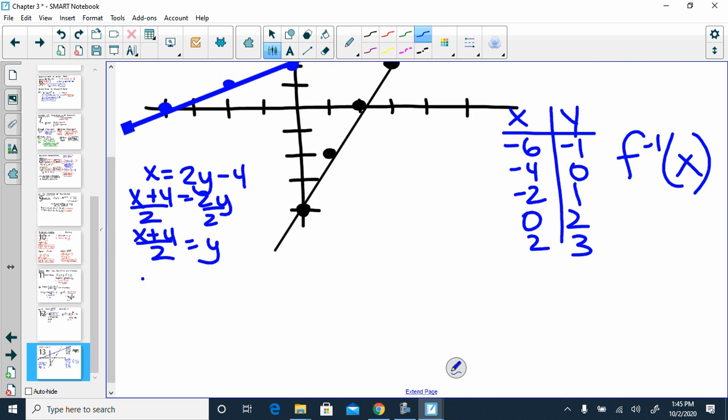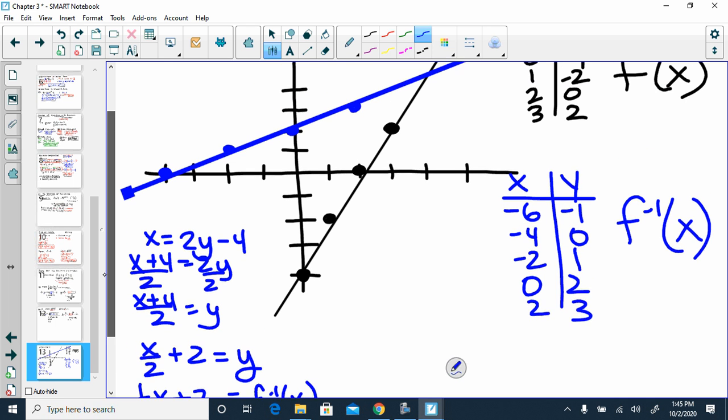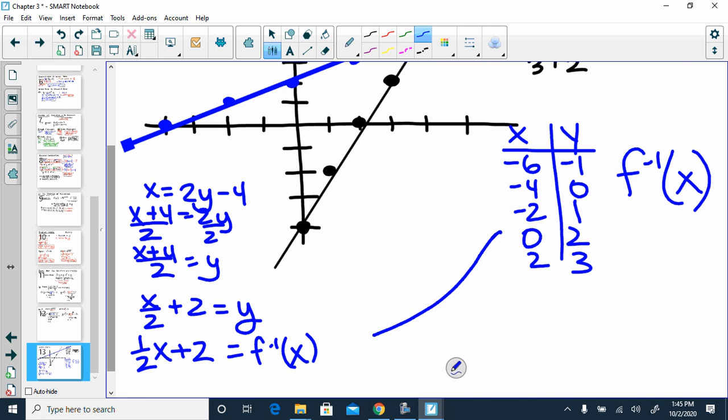And you can actually divide both of those by 2. So y is equal to 1/2 x plus 2. And that is your inverse, guys. f negative 1 of x. So what we just graphed up there, 1/2 x plus 2, should make sense. Start at 2 and go 1 over 2. So it does, and that function should fit all of the answers for that as well.